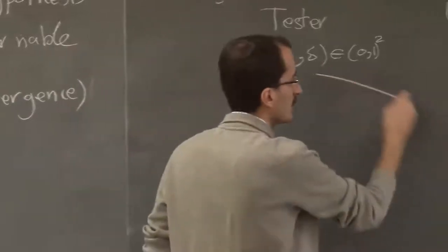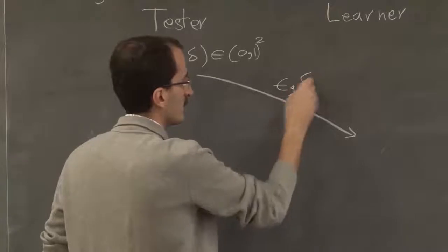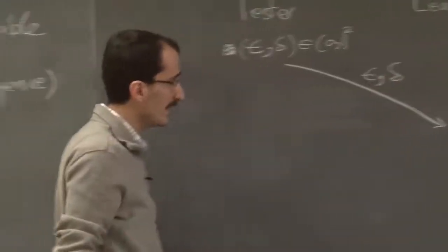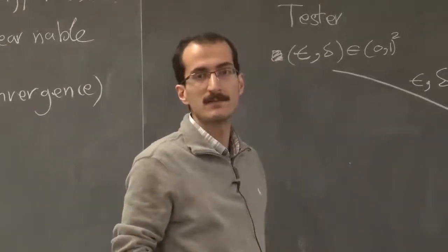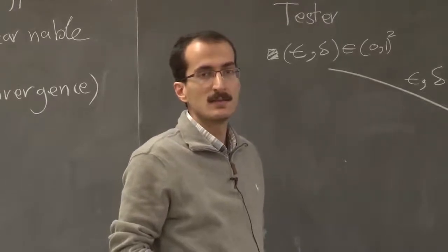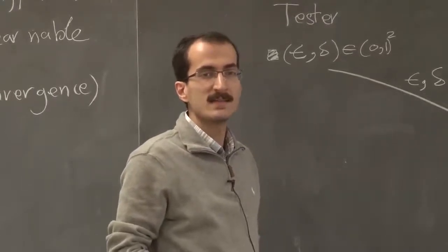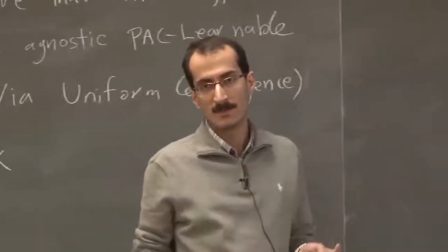We give epsilon and delta to the learner. Now the learner says that I can do it, just give me enough labeled instances. Assume that he has some sample complexity in his mind, so he has a function, and he passes back to the tester the number of samples he needs.